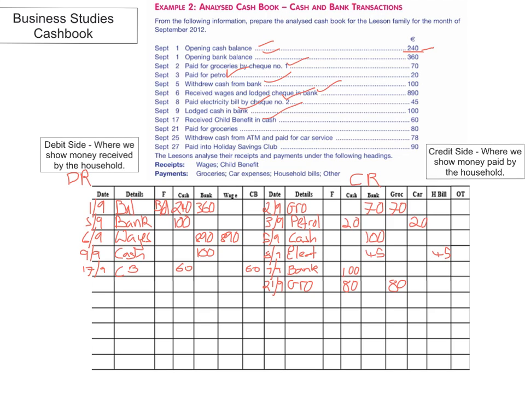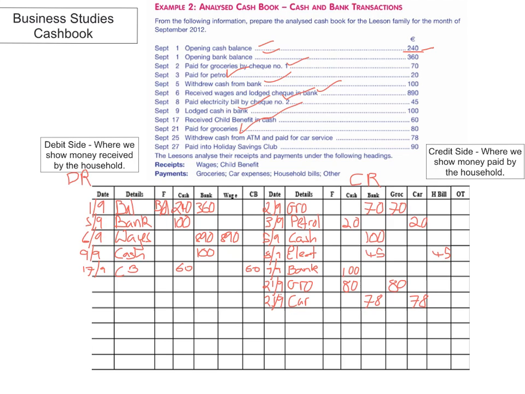The next one is car services. Okay, so paid for car services, 25th of September. I'll say car services. Paid it from your bank, okay, because you took it from the ATM. So 78 goes into bank. And 78 goes into car.